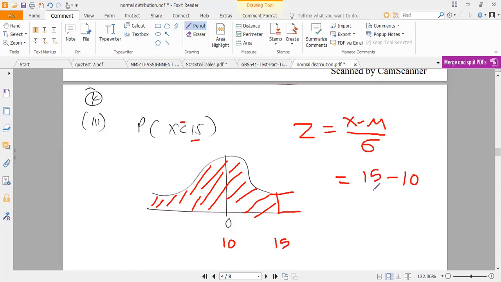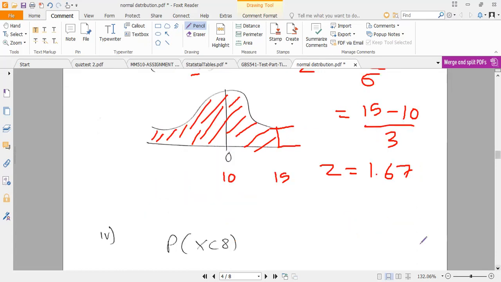Standard deviation is what? 3. So our z will be 1.6666, the nearest 1.67. So we're not subtracting, we're reading it directly, which is 0.9525. That is the answer.